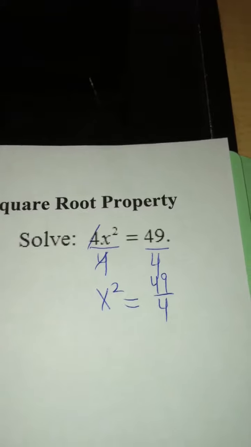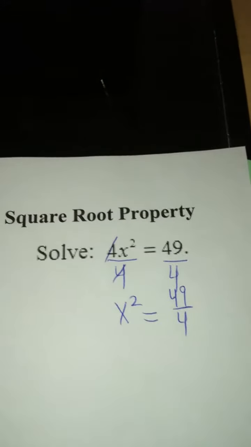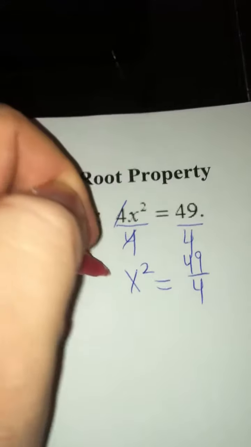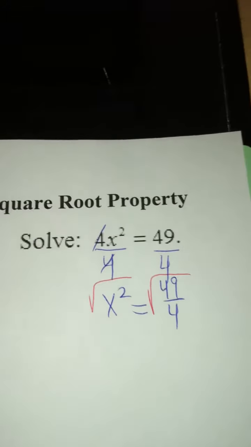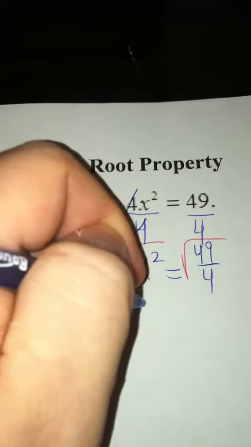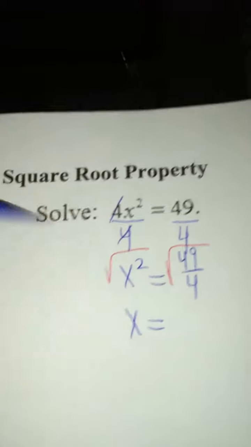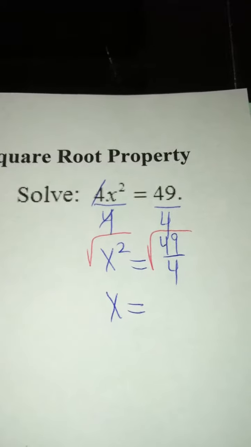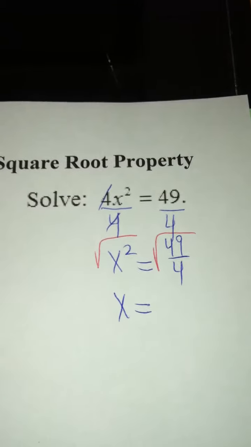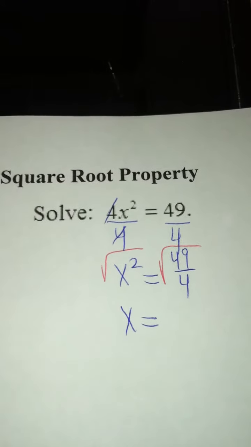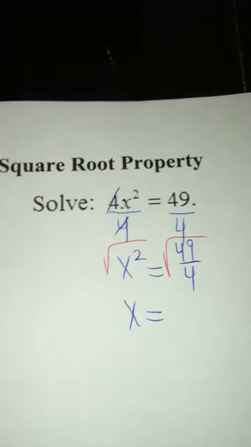To get rid of the exponent, just take the square root of both sides. So we have on the left-hand side x, and be careful when you take the square root of a number, you're going to have a plus and a minus symbol.